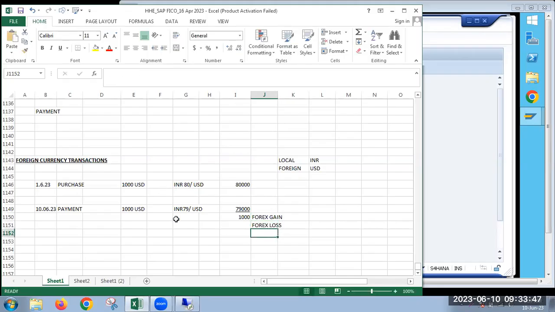So based on the rate difference, whether we are receiving the amount or making the payment, the difference amount will be considered as either forex gain or forex loss. This is what we are going to see: how the system will consider this amount with the payment difference because of this rate difference. Any doubt on this?